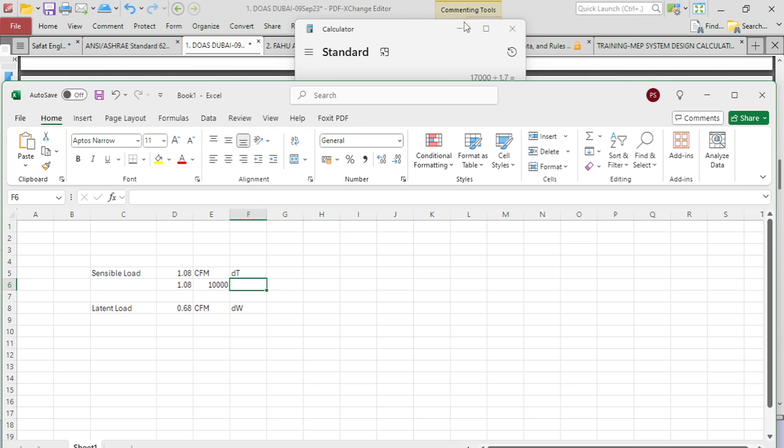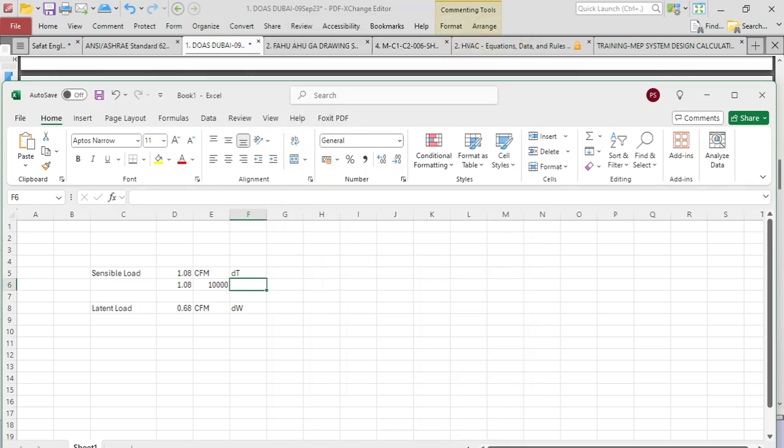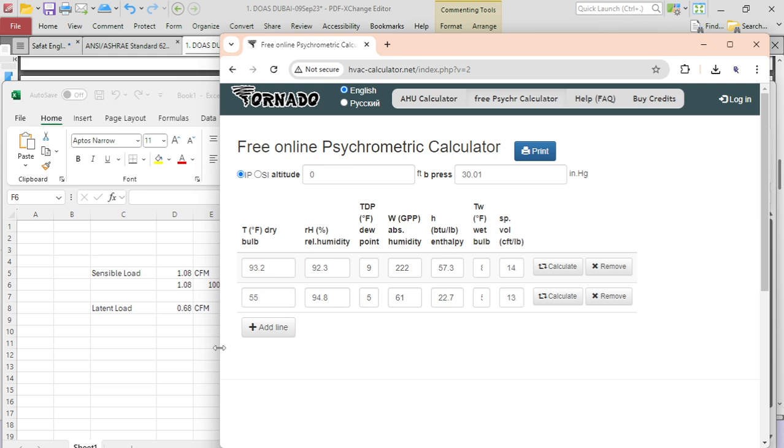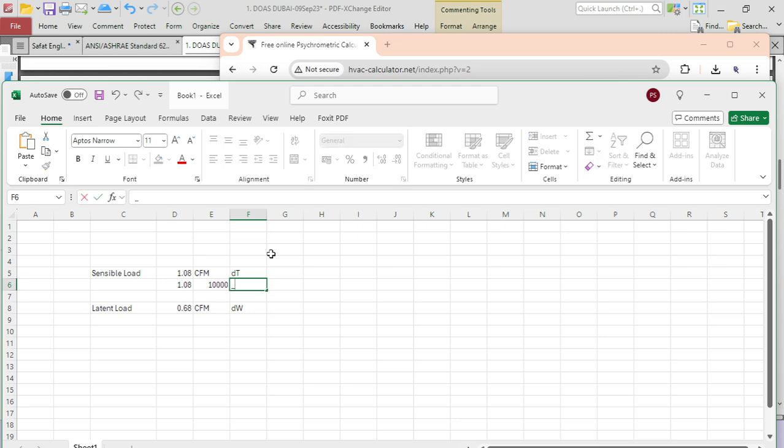So what is the temperature difference? I can go to the psychrometric chart. I am able to calculate here 93.2 minus 55, right? So this is my delta T. So if I calculate my sensible load, multiply by 1000.